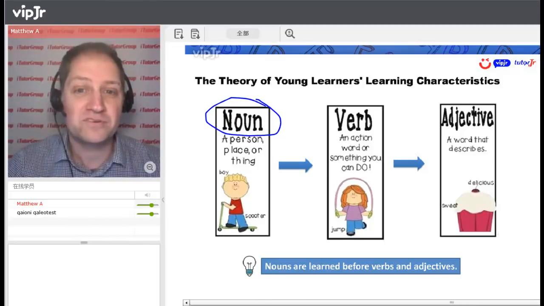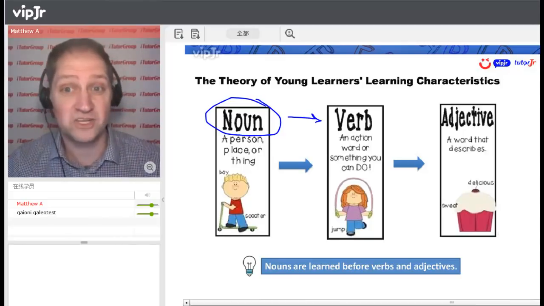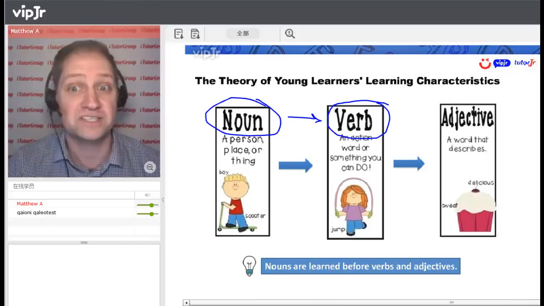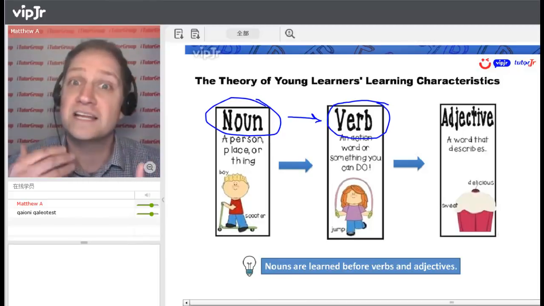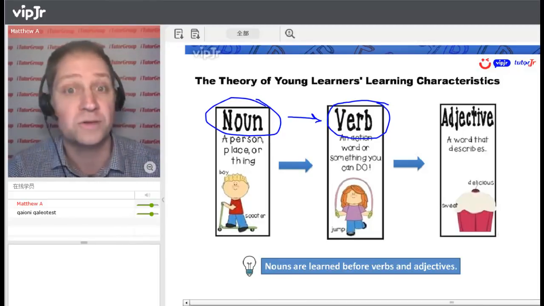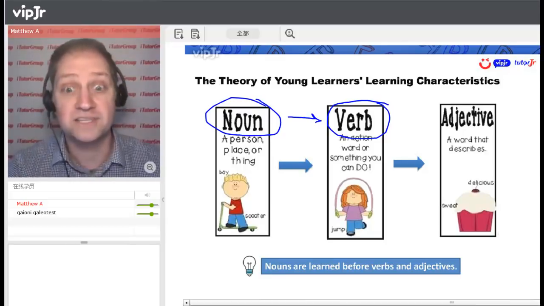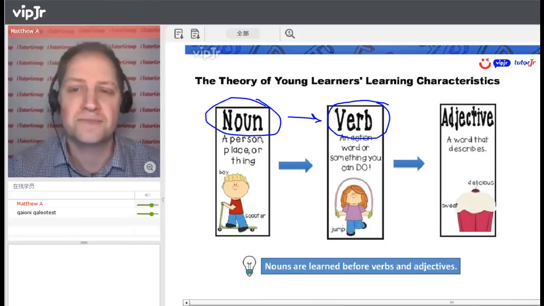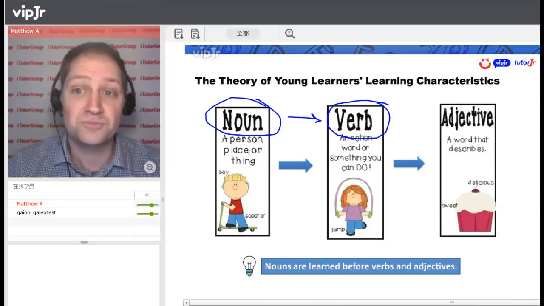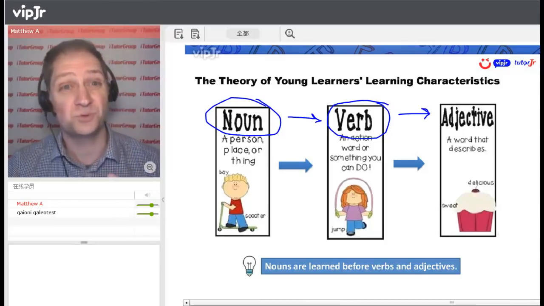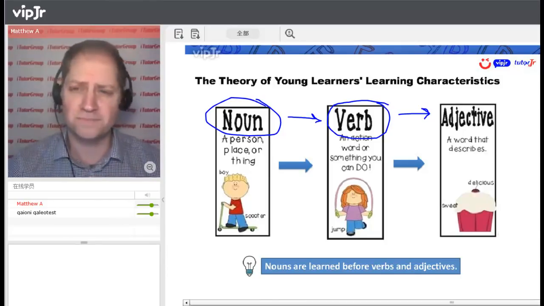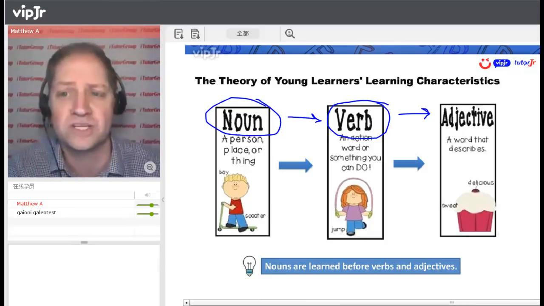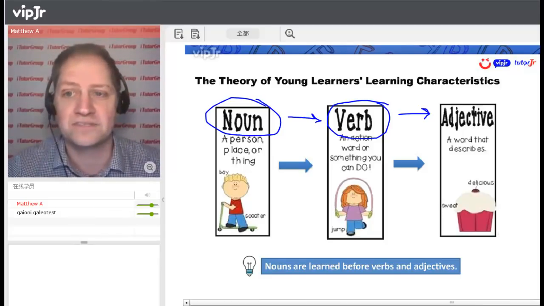And as they progress, then we move on to doing words, verbs. How can they then express themselves a bit more? So they learn some verbs, talking about an action, something that they can do. And finally, they will move on to being able to describe the nouns, adding some more flavor to their language, using adjectives.